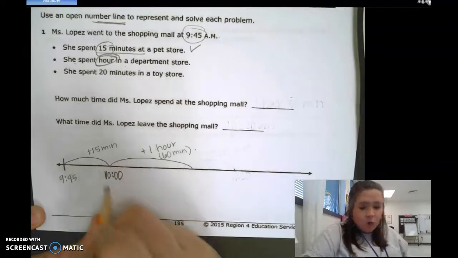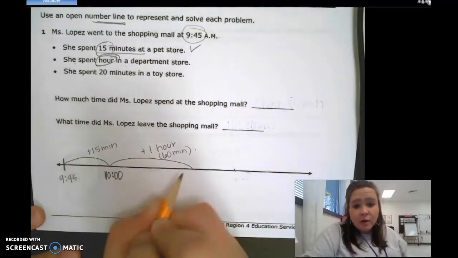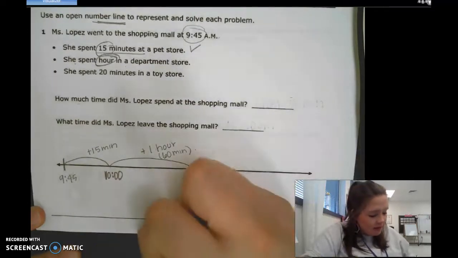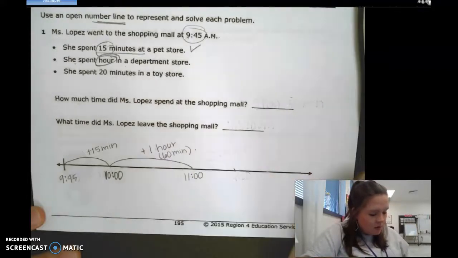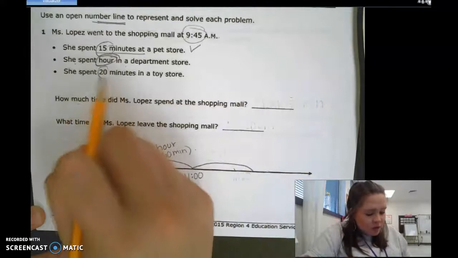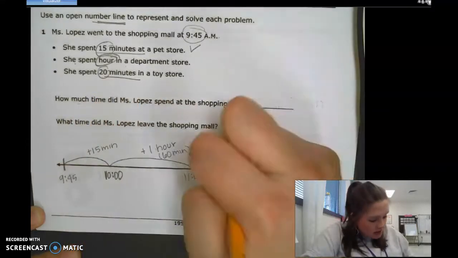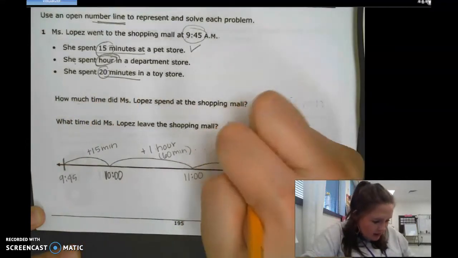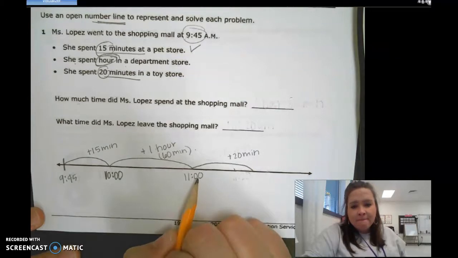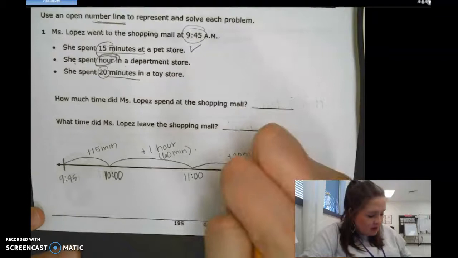Okay, so 1 hour from 10 o'clock plus 1 hour is what time? Good, 11 o'clock. Okay, and then we're going to go, she spent 20 minutes in a toy store, plus 20 minutes. So 11 o'clock plus 20 minutes is what time? 11:20. Good.